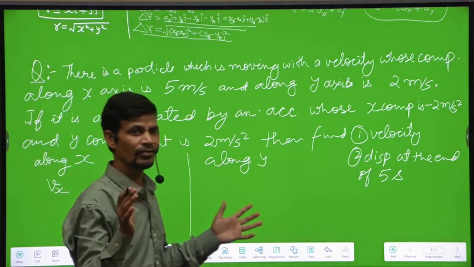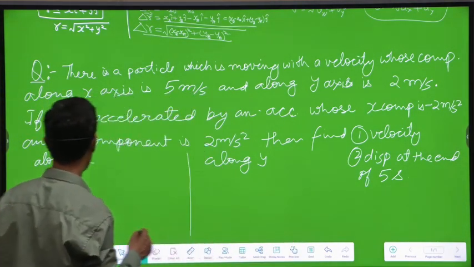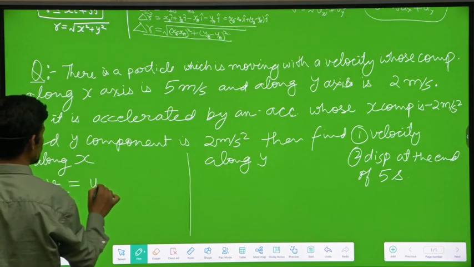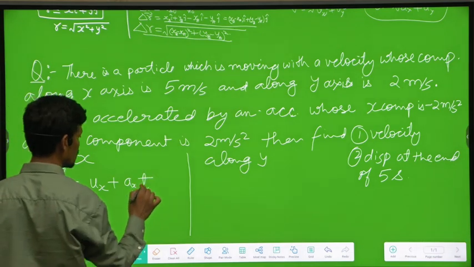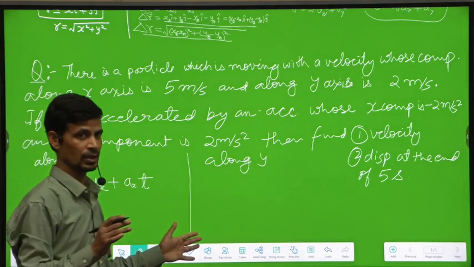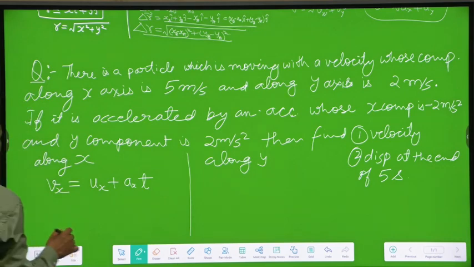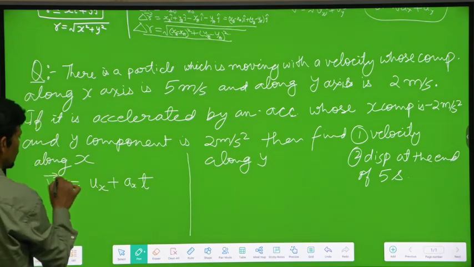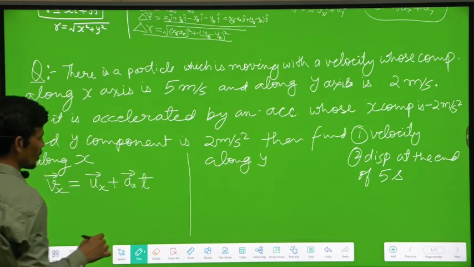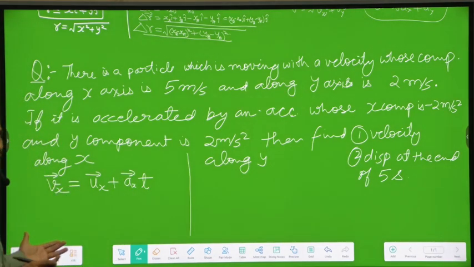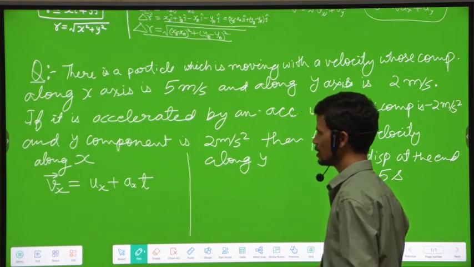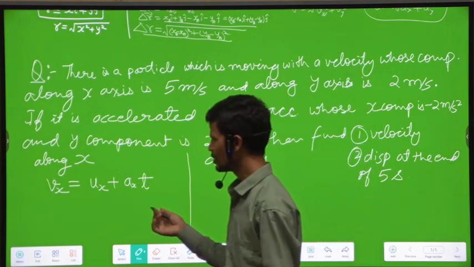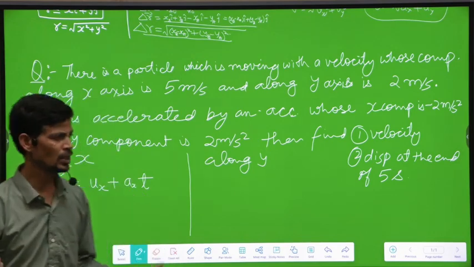It is not the final V, but the x component of V, equal to Ux plus Ax t. Remember, t is a scalar quantity. Don't put a subscript to it. We can apply the vector sign in the end also, because it is already in 1 dimension, so needless to put a vector sign here.